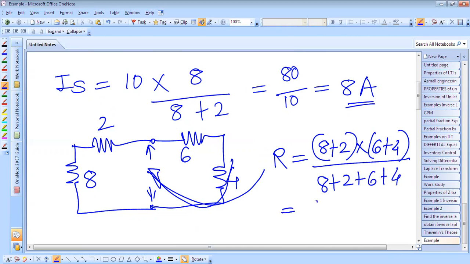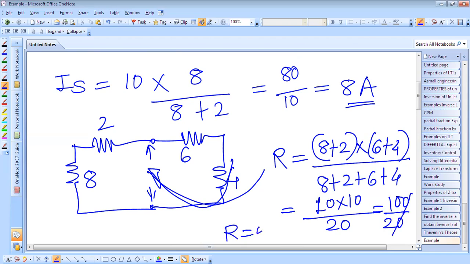So it is 10 into 10 divided by this total 10 and this 20. So it is 100 divided by 20. So the total resistance is 5 ohm, which is viewed from this output terminal.